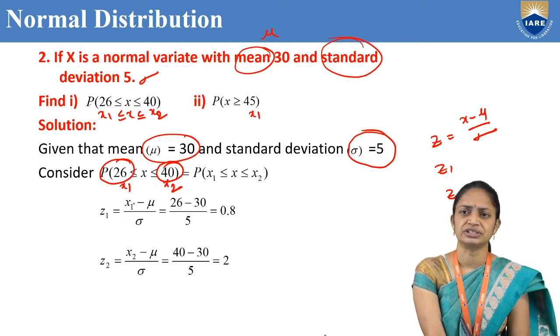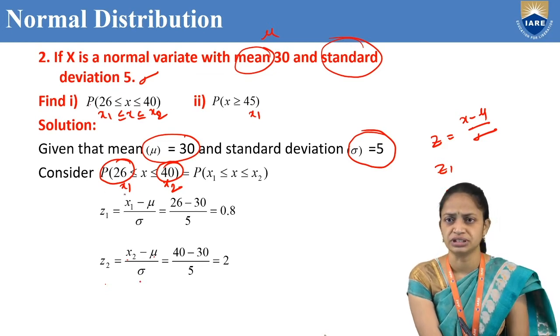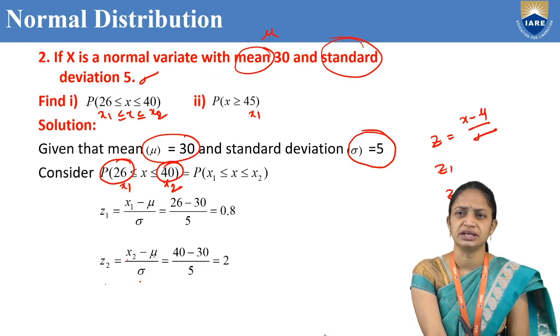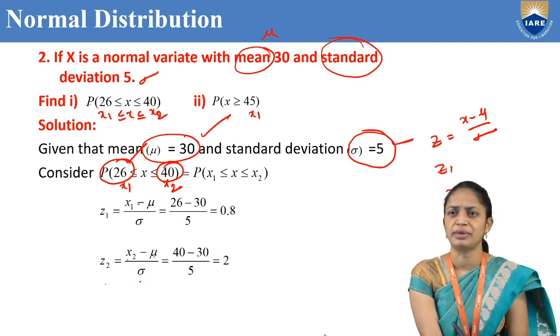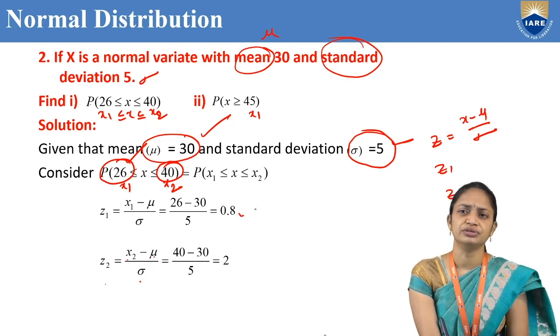So z1 equals x1 minus mu by sigma and z2 equals x2 minus mu by sigma. Substituting x1 equals 26, mu equals 30 and sigma equals 5, after simplification we get z1 equal to 0.8, a positive value.